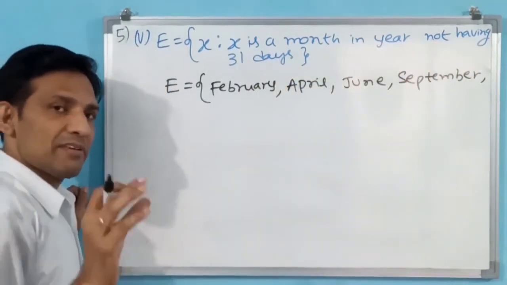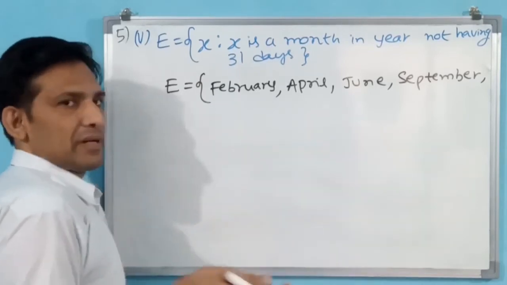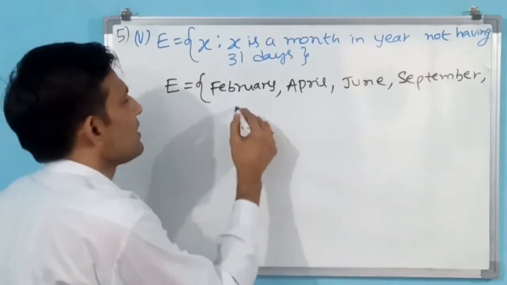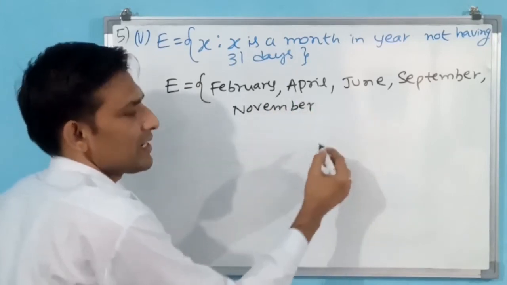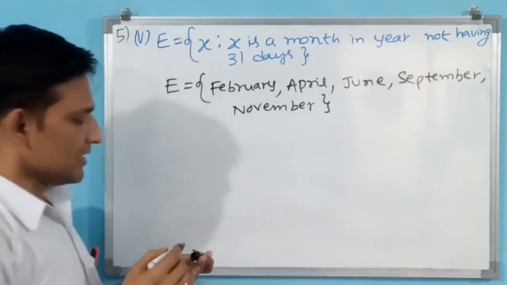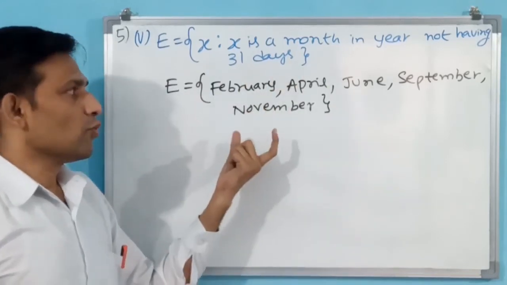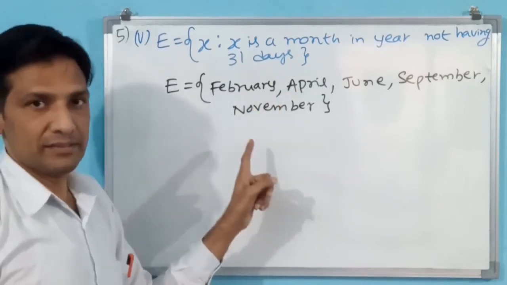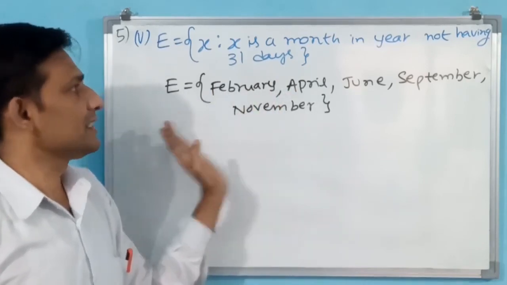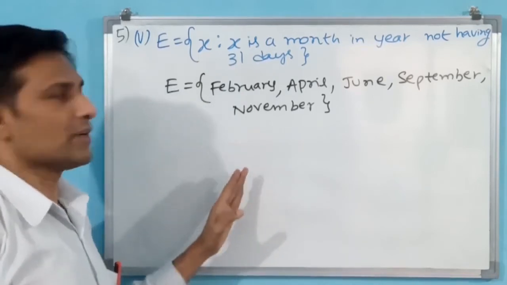Which month is not having 31 days? Those months' names you have to list out. September. October is 31 days again. November. Okay. December is 31 days again. Okay. These are the months which don't have 31 days in a month. Okay. Like this you have to list out, or you have to write in roster form. This is a roster form.